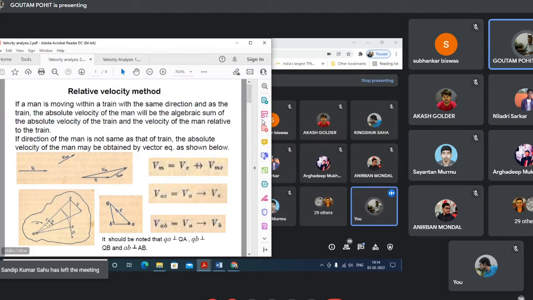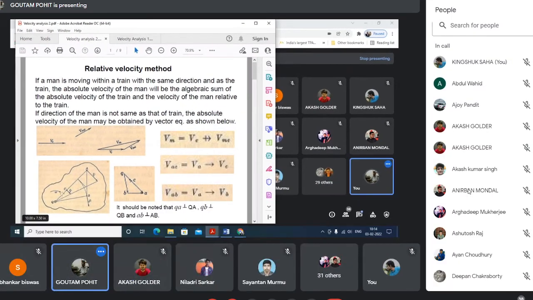Now, what will be the velocity of the point C? It will be VC. It will be parallel to VA actually, and perpendicular to QC, and its magnitude will be equal to omega into QC.